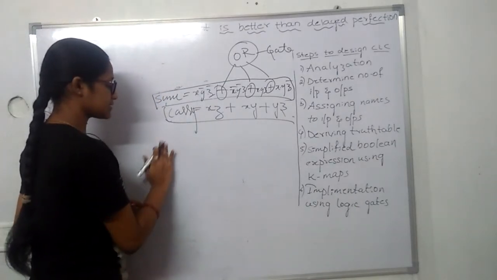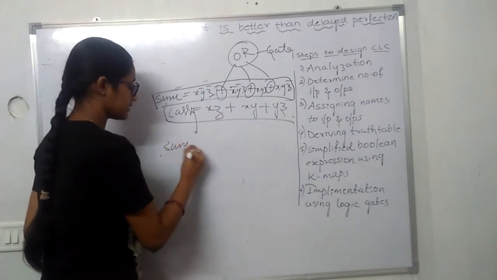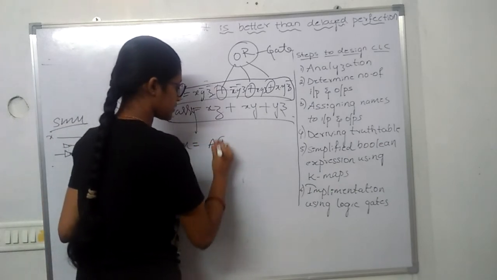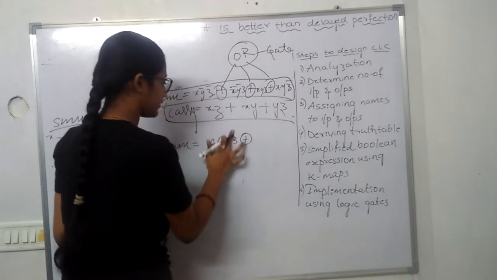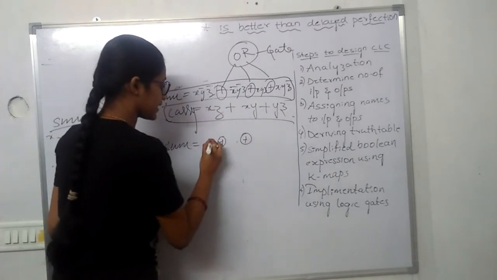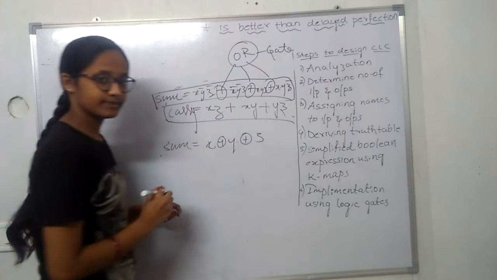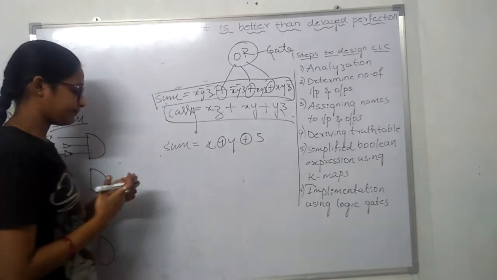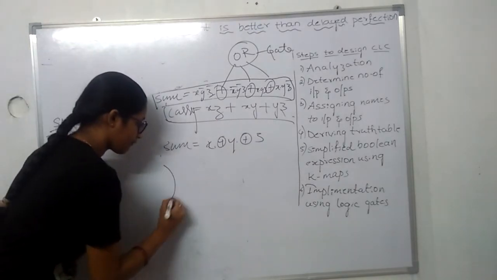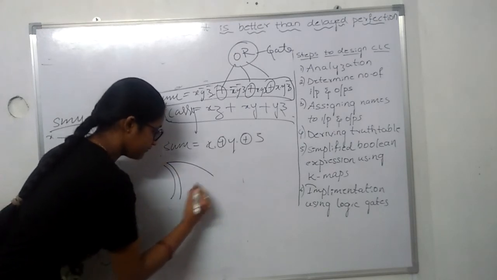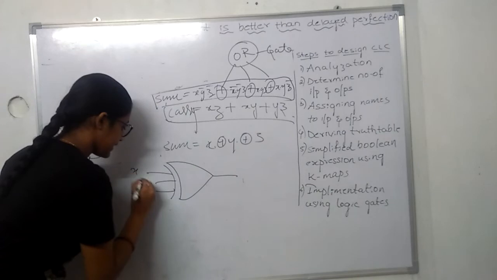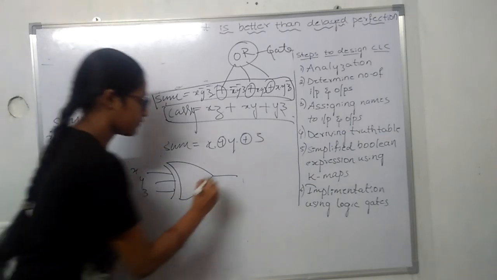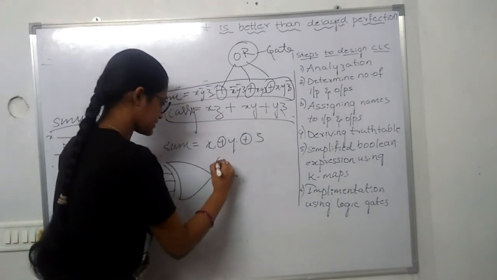If you observe it deeply, it is the output for the 3 variables, and you can also represent the sum simply as A XOR B XOR C. Sorry, I am taking x, y, z. So x, y, z gives the output sum.